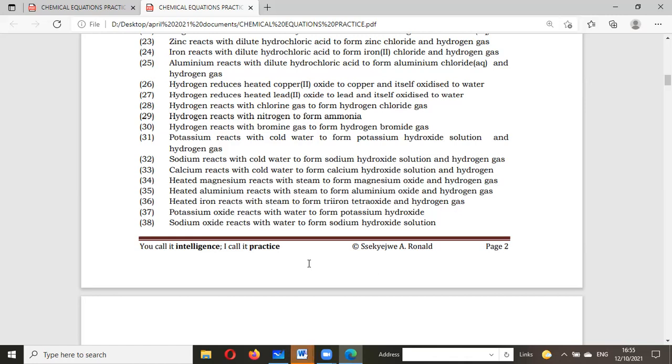The condition is heat. That means copper must be heated. That means hydrogen reacts with the heated copper(II) oxide to form copper, and itself is oxidized to what? To water.